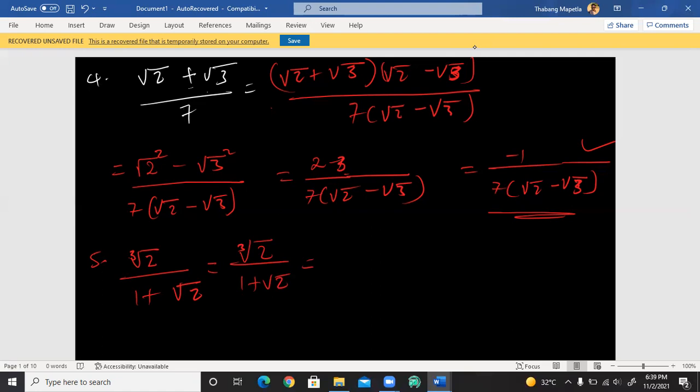Therefore, how can we have a rational number if we go back to the topic of indices? That means if we power this by 3. Let me just write here our cube root of 3. For it to become a rational number, we need to cube it.